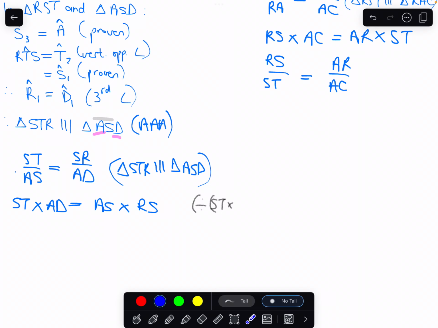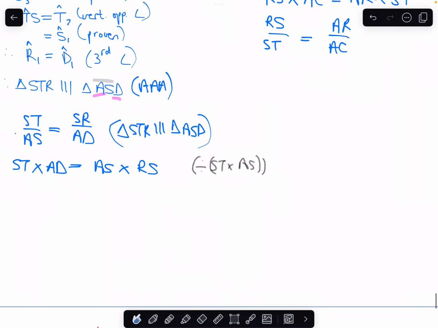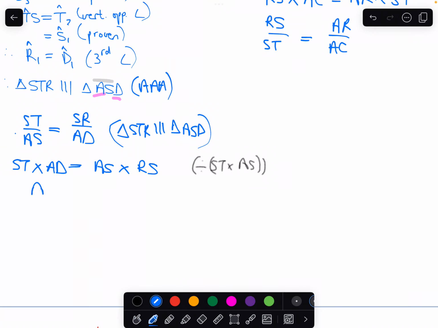Then I need to get rid of this one, so I need to also divide by AS. So on the one side we'll end up with AD over AS is equal to RS over ST. Okay, right.